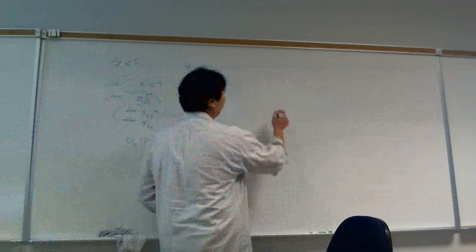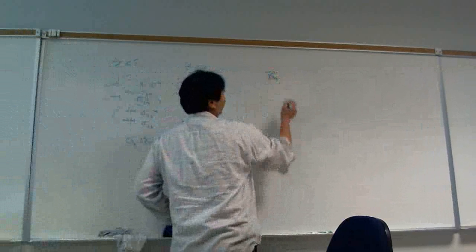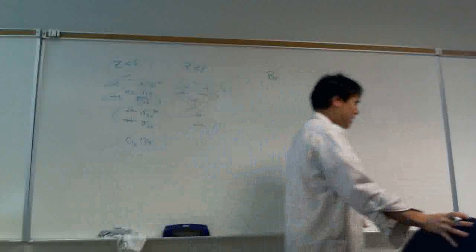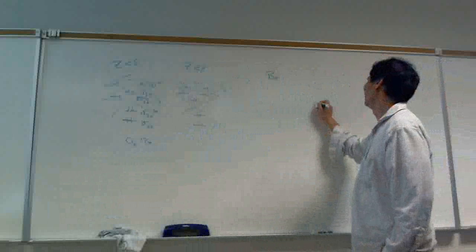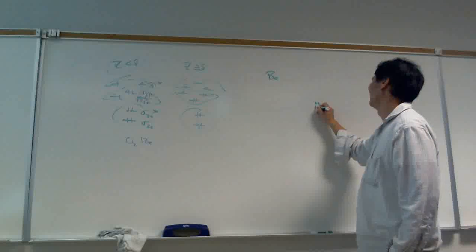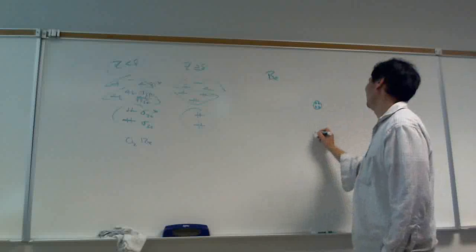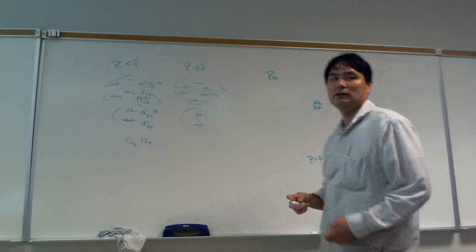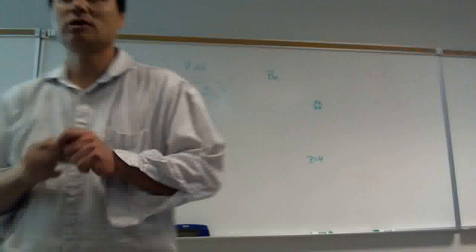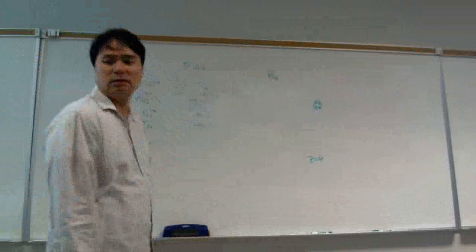So beryllium has how many protons? 4 protons. So Z for beryllium is equal to 4, so it should have a +4 charge. Beryllium has a 1s electron.